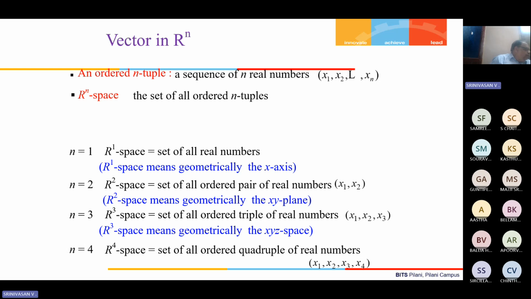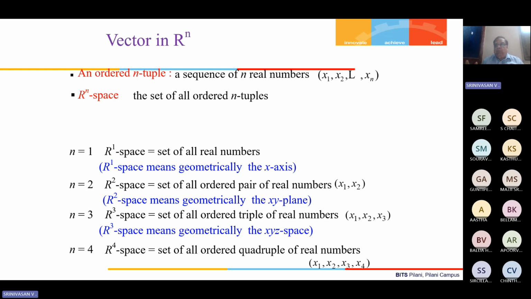Look at this. You might have seen an ordered n-tuple. What is meant by an ordered n-tuple? You might have done in analytical geometry, plotting a point having two coordinates, normally on a two-dimensional plane or a graph sheet, x comma y. Suppose from the origin you have OX and OY, two mutually perpendicular axes.